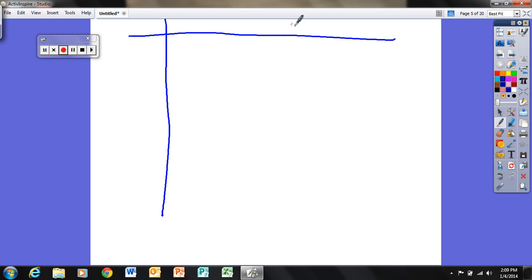We're going to use the same x values anyway, so this is going to be my x, this is going to be my g of x, maybe, and this is going to be my h of x. Again, it doesn't really matter what you use for letters here, it's just to differentiate.